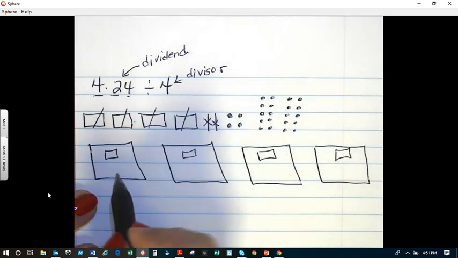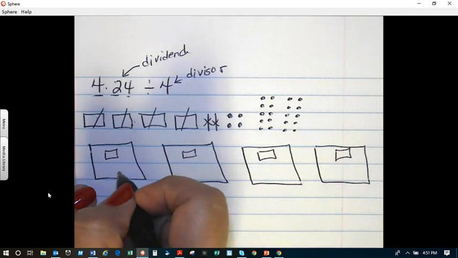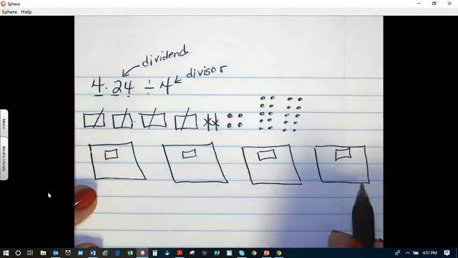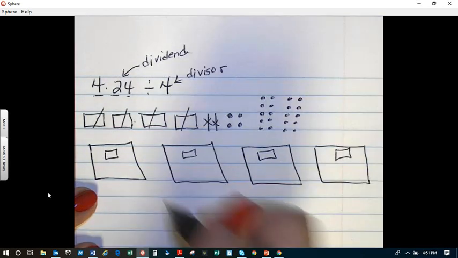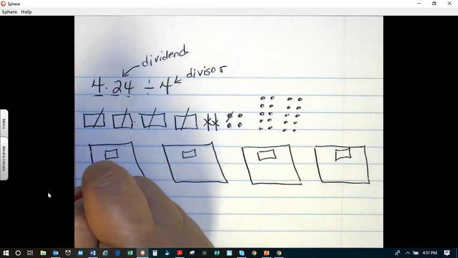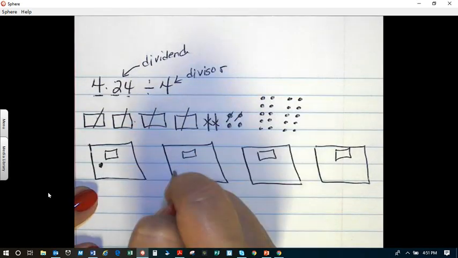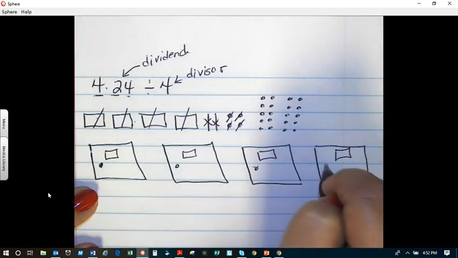So I have 4 groups, so how many are going to be in each group? So it's 24 divided by 4, it gives me what? Absolutely right, that's 6. So if you couldn't figure that out, again, I will place 1 hundredth in each group so that you can visually see that.